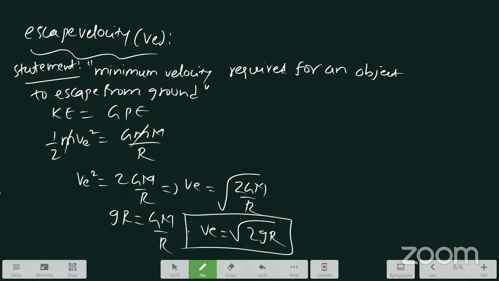Square going right side, root. Gr square is small g, so GM by R equals gR. This value substitute here. You can get VE equals under root of 2gR. This is the derivation part for escape velocity.